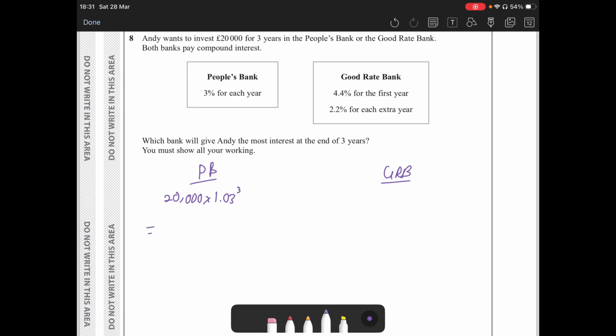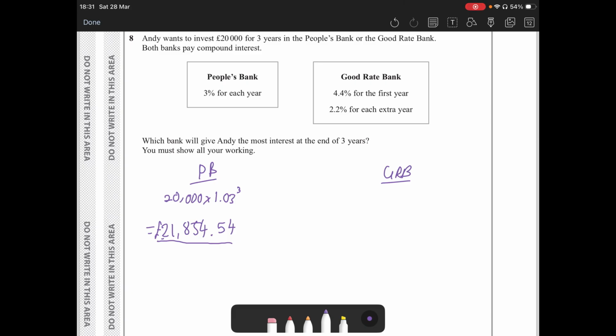So if he puts his money in People's Bank and he waits 3 years, once he looks at his bank balance, he should have £21,854 and 54 pence. No rounding necessary there. So he's got, roughly speaking, about £1,854.54.